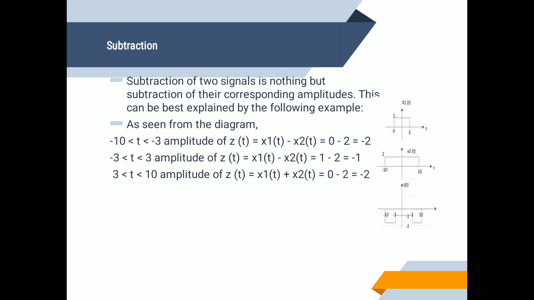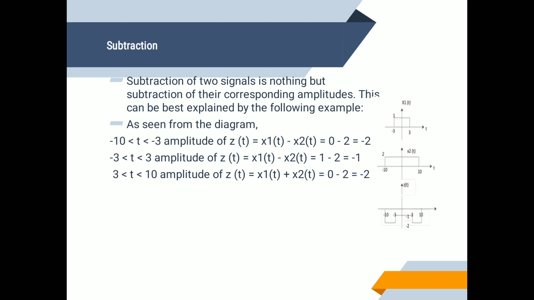Subtraction of two signals is nothing but subtraction of their corresponding amplitudes. This can be best explained by the following example. It means addition is basically addition of the amplitudes of the two signals, and subtraction is the subtraction of the amplitudes of the two signals. In both cases, the limits are the same, as seen from the diagram.